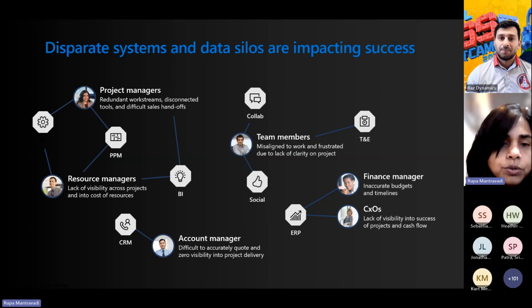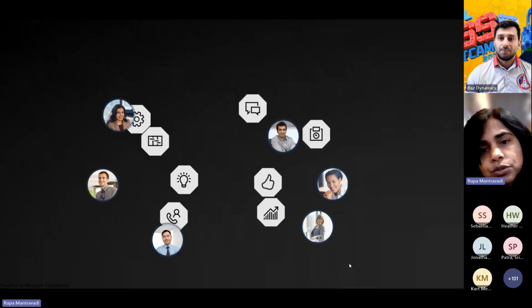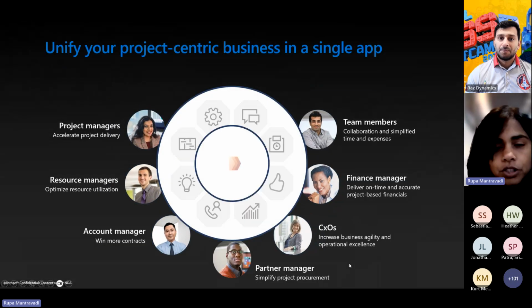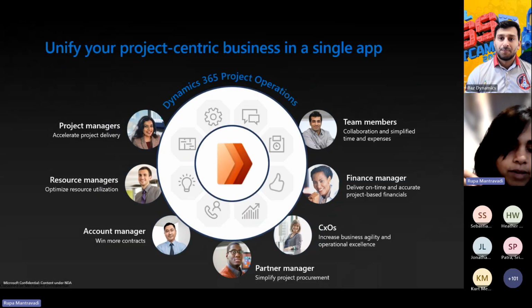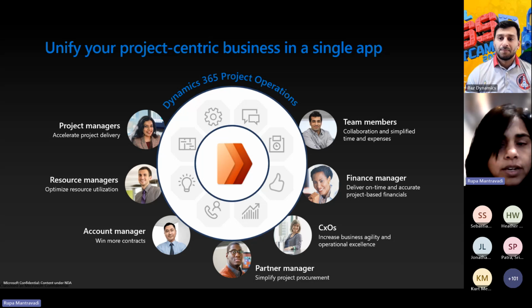So we set out to remove those data silos while still providing a seamless experience and making every user feel empowered and productive in the application. So in Project Operations, the core value remains the same. AI or no AI, the core value is to support everything around the business process of projects and empower every persona to get what they need from that work initiative.